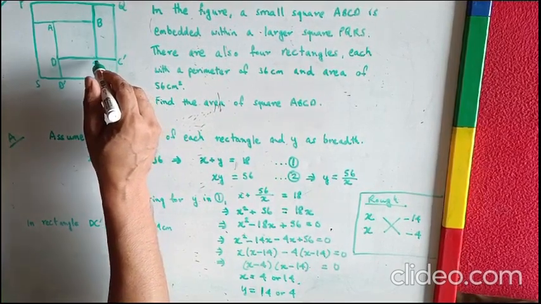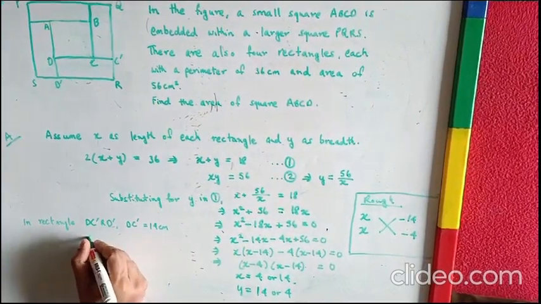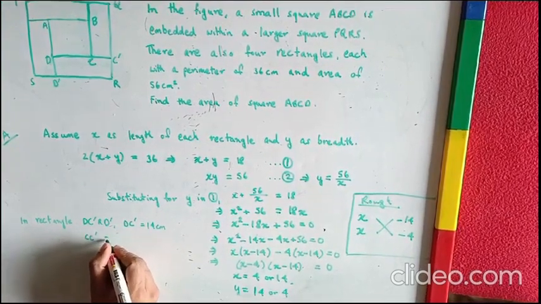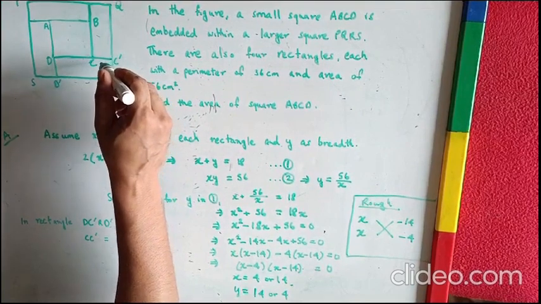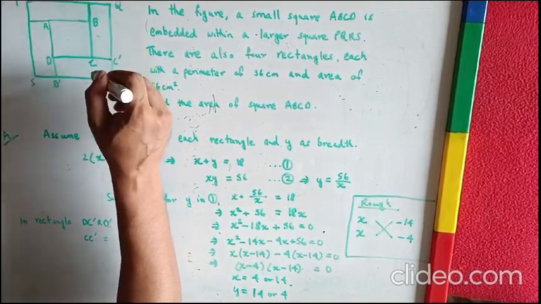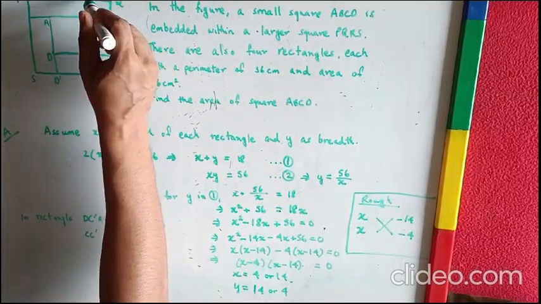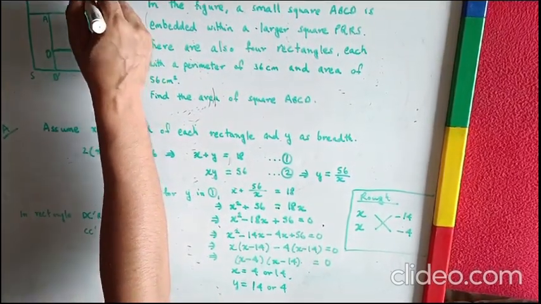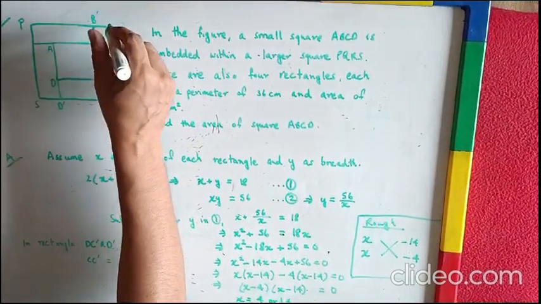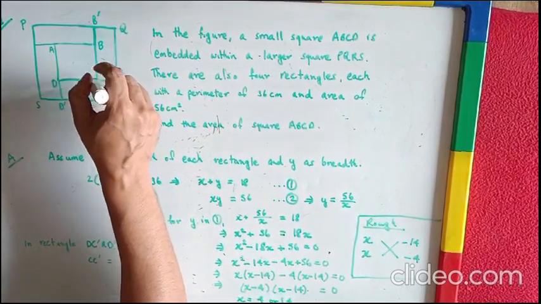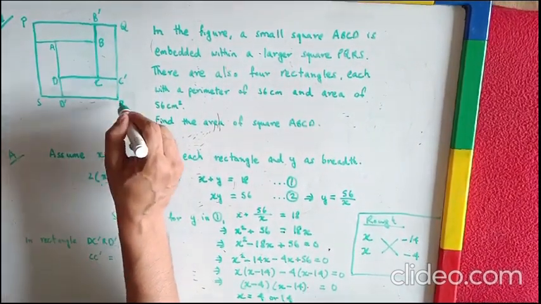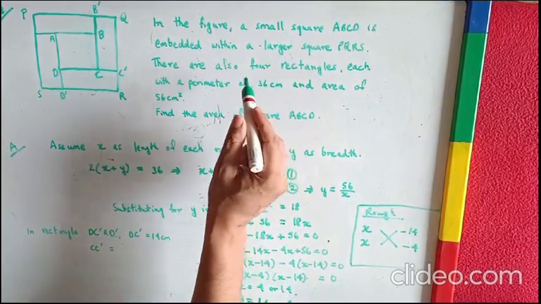Now, how much is CC dash? So CC dash is basically nothing but the breadth of a similar rectangle. All these rectangles are similar. So this rectangle, let's label this B dash. So rectangle B dash Q C dash C is the same as rectangle D dash R C dash. This is what the question itself tells us.